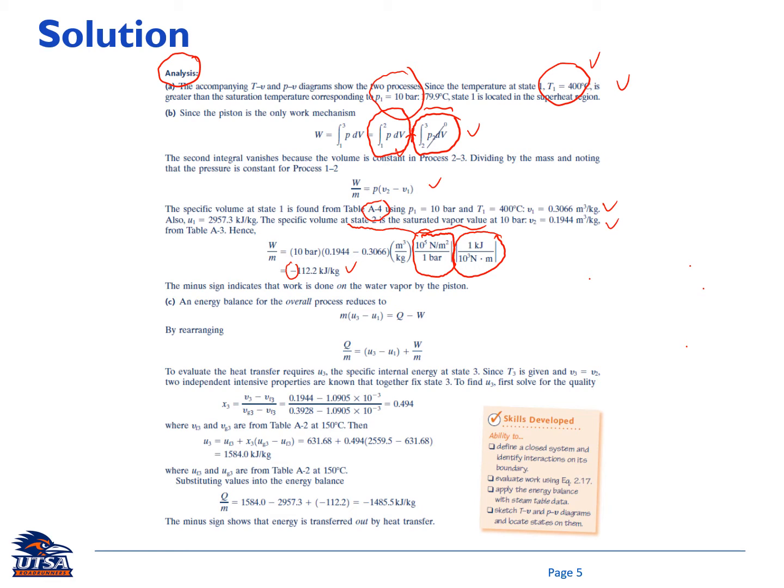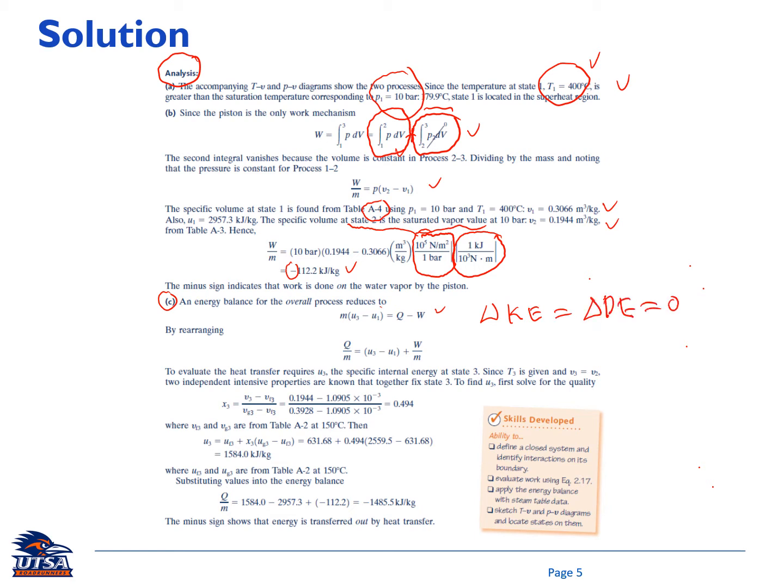Okay, now go to part C. It is the question for the net heat. Here we apply the first law of thermodynamics. On the left side we only have the internal energy change, because delta KE and delta PE are equal to 0.